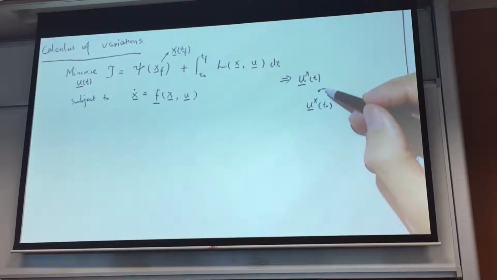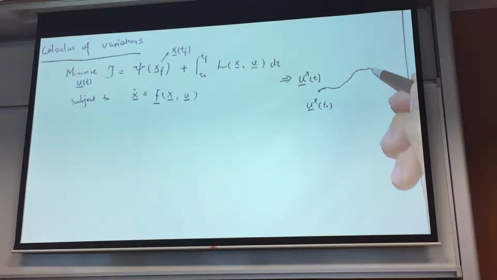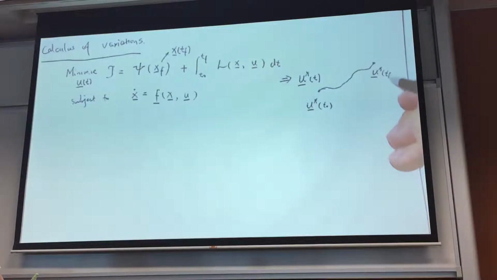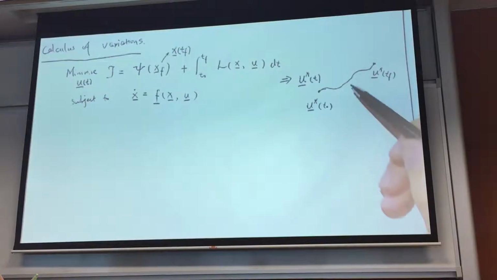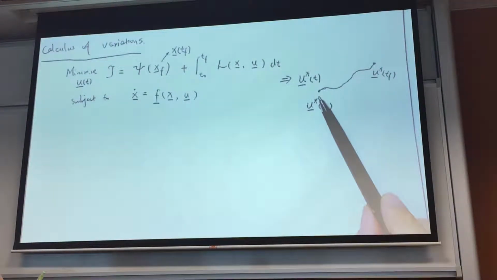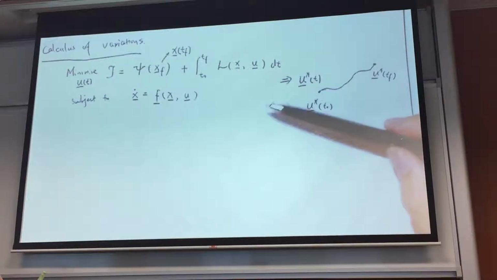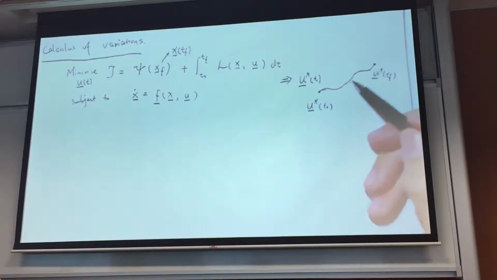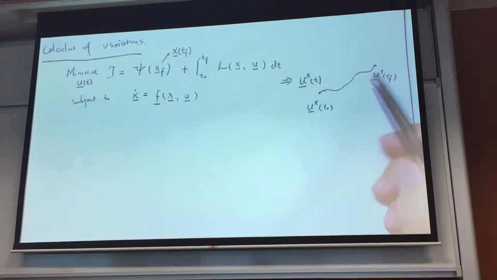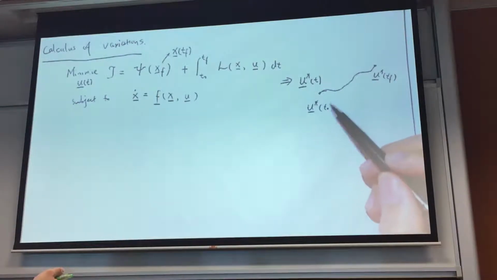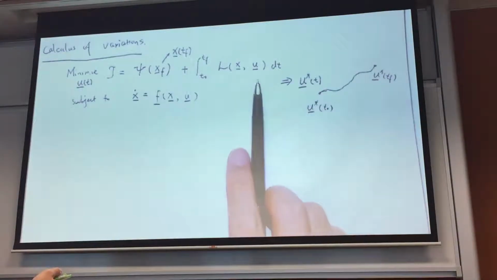So we may have an optimal control trajectory eventually going to this u star at t_f. But certainly this trajectory is unknown. But after we solve this problem, as we showed in the last lecture, when we solve the differential equations, eventually we may have an optimal trajectory. So every point in the trajectory is the optimal control to this problem.